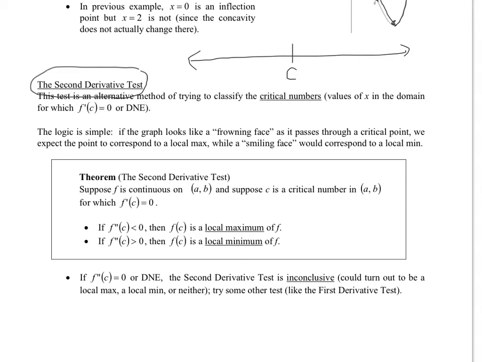Now suppose we investigate a little more closely and we discover that f prime of x is negative when we're slightly to the left of c, but positive when x is slightly to the right of c. That means that the function is a decreasing function to the left of c and an increasing function to the right of c.